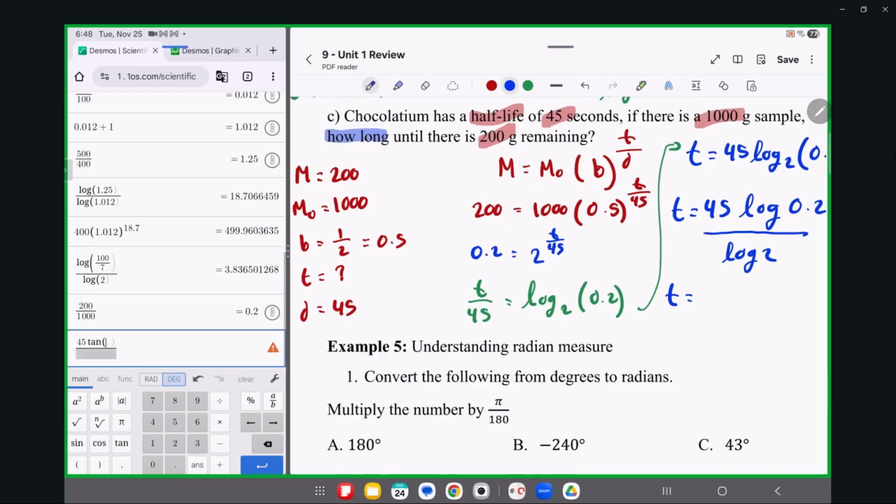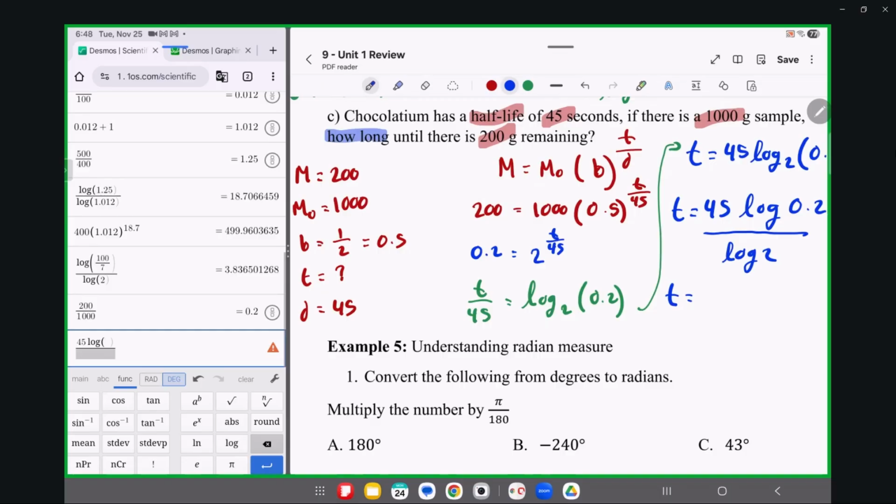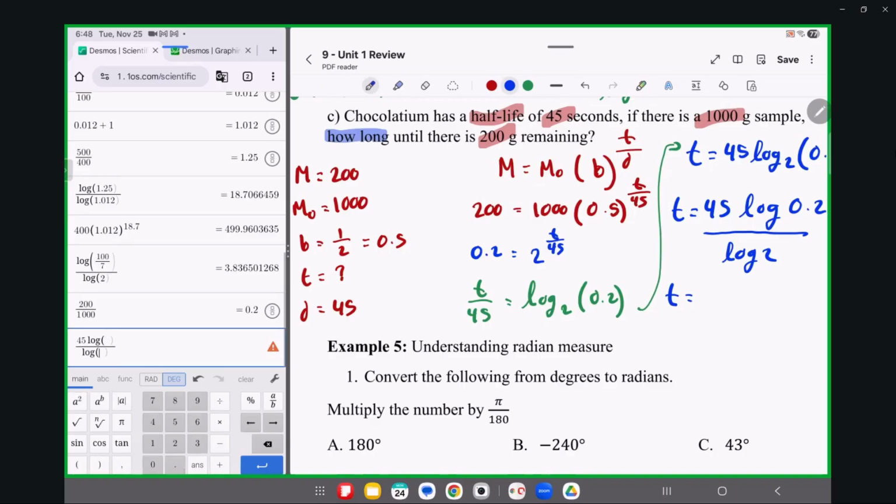So typing this in, 45, not 10, we're not at 10 yet. 45 times the log of 0.2 divided by the log of 2. We get T is equal to negative 104.48.